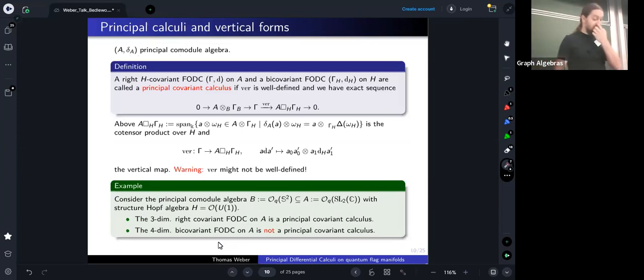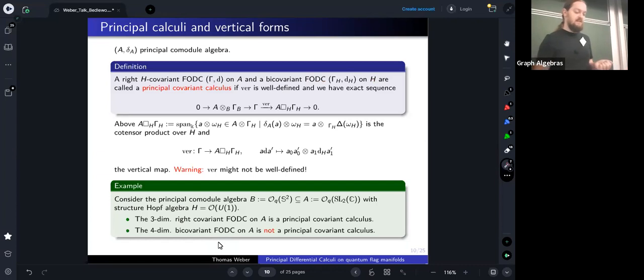Okay, the next thing is a principal covariant calculus. Okay, so we still have a principal comodule algebra. We take a right H-covariant calculus on A and a bicovariant calculus on H. What is this? So on H, of course, we have two canonical H coactions on H, just given by the coproduct.